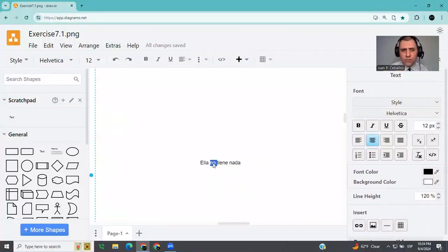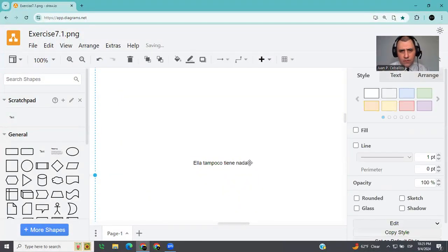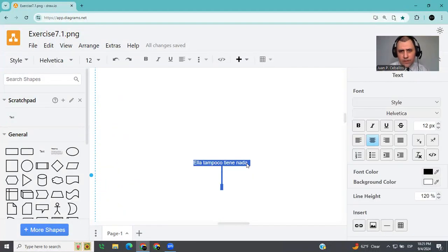In English, you can also have two negatives. So let me see. Ella tampoco tiene nada. This one is another way you can do it. It's like saying she also doesn't have anything versus she doesn't have anything. So she also, or she doesn't have anything neither. You think of it like that.